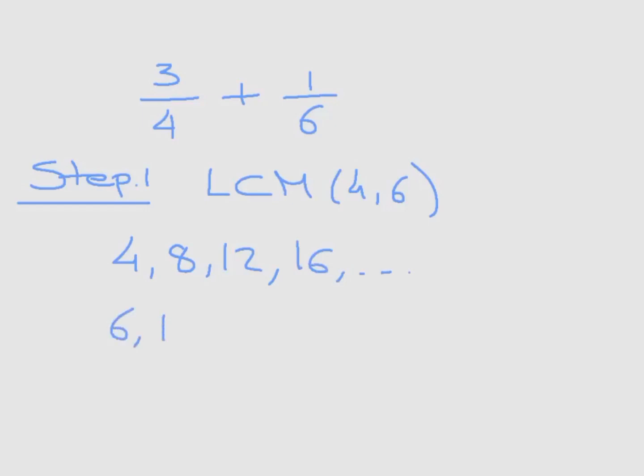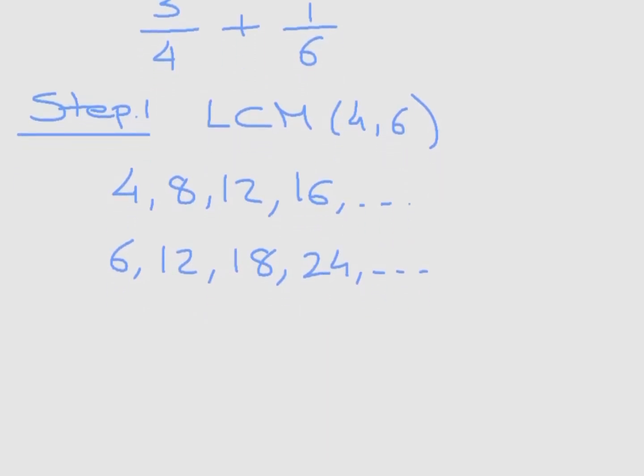That's 6, 12, 18, 24, and so on and so forth. Now, looking at these two lists, we can see that the least common multiple is clearly 12. And so we can write below, LCM of 4 and 6 is equal to 12. And that's our first step done.